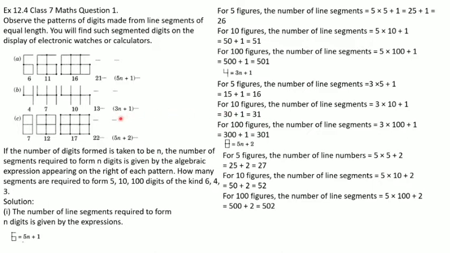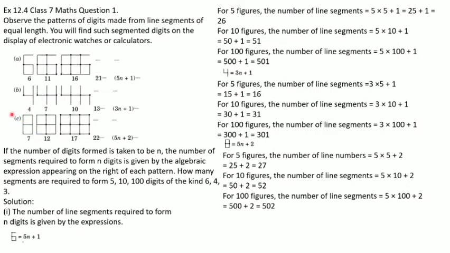For 100, 3 into 100 plus 1, 301. So for 5 figures, 16 line segments are used.